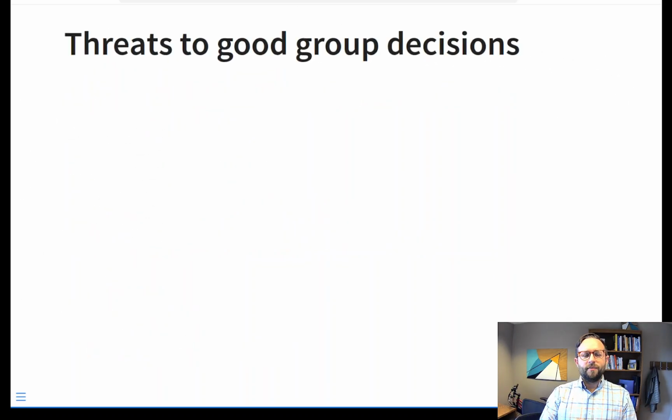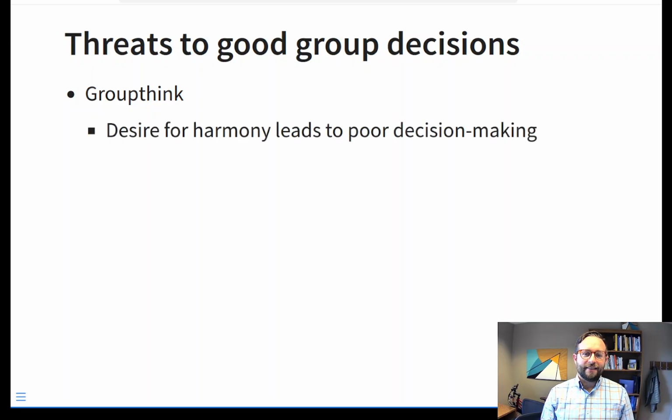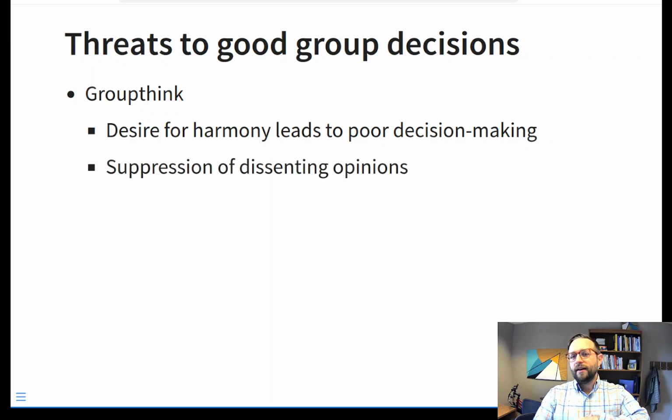Okay, so what are some threats to having good group decisions? Again, this is a very brief overview of some of these things. One we've talked about already is groupthink. This is related to the spiral of silence, and we'll talk about two different ways it arises. One is the spiral of silence, which is that we think that our perspective is in the minority and won't be appreciated, and so we suppress it, right?